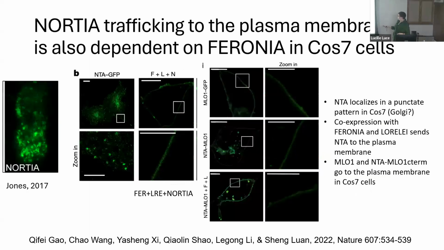Then they took a closer look at where these proteins were going in the COS7 cells. And Nordia GFP actually looks in a punctate pattern very similar to Golgi. But if they co-expressed it with Feronia and Lorelei, the protein would go to the plasma membrane. Or if they used our FA Nordia construct, the protein would start to also appear at the plasma membrane.